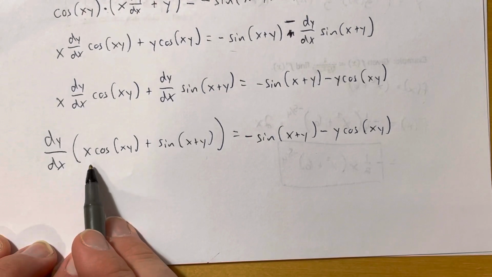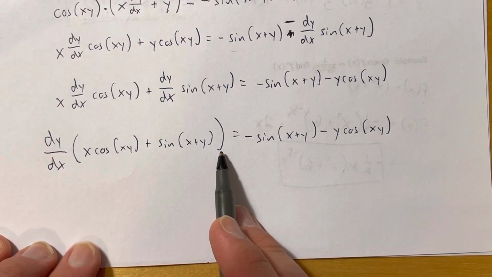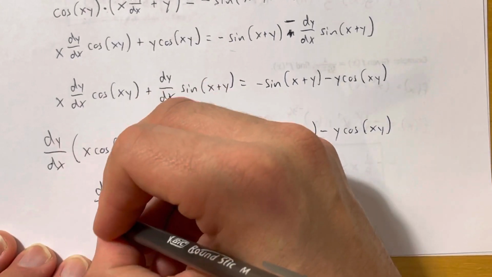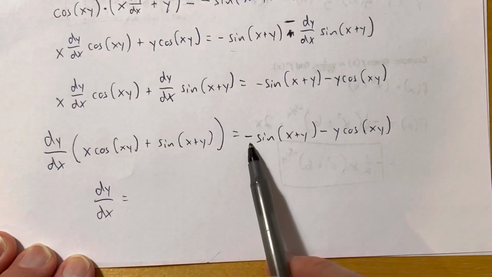Okay, last step is to divide everything by this big set of parentheses here so that the dy/dx is by itself. And notice I have a negative in each term here.